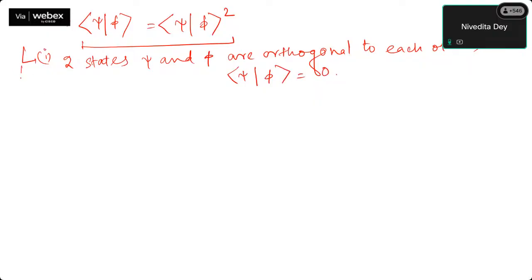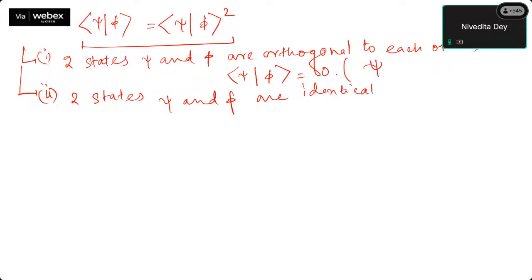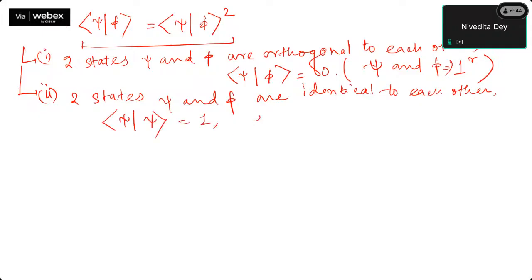Then this will be true. Or this will also be true if these two states psi and phi are identical to each other. So orthogonal means psi and phi are perpendicular to each other, and otherwise they are identical to each other. Why? Because then this is 1, and if this is 1, then 1 squared is also 1. Likewise, some theory is there.